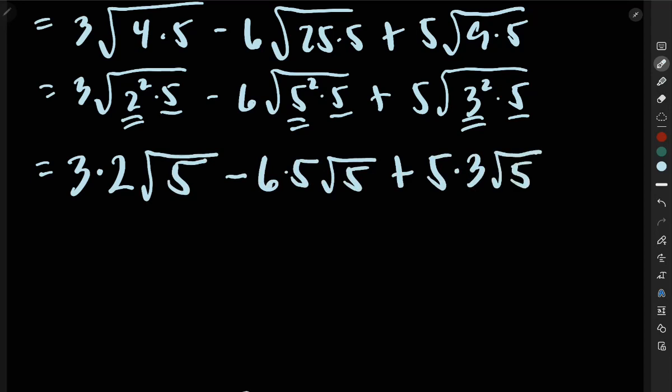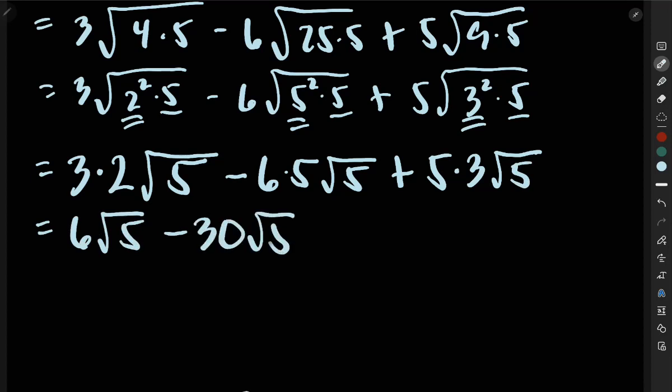So it's all now square root of 5. So we are going to simplify further. 3 times 2 is 6. 6 times 5 is 30. And 5 times 3 is 15.